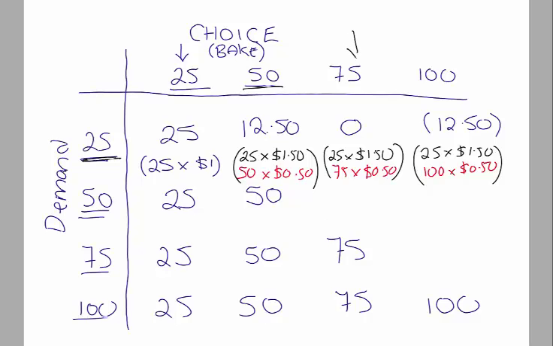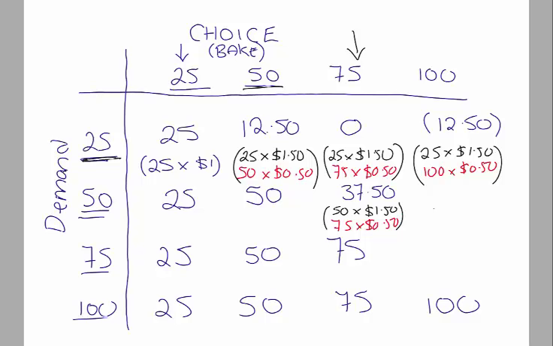If you were to bake 75 but demand was 50, you would get sales of 50 times 1.50, which is going to give you 75, and then you'll have variable costs of 75 times 50 cents, which will then give you a profit of 37.50.